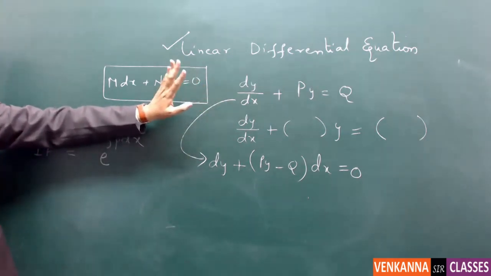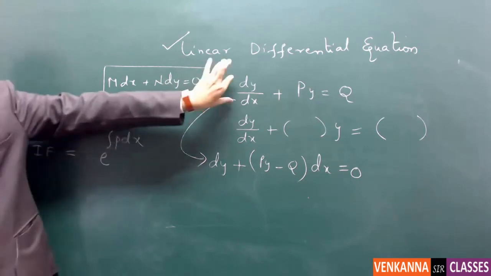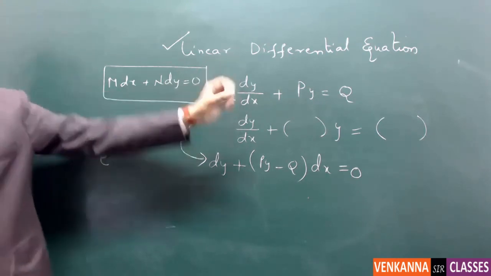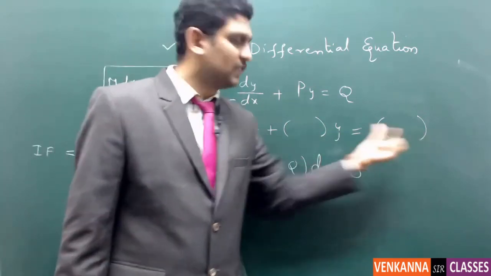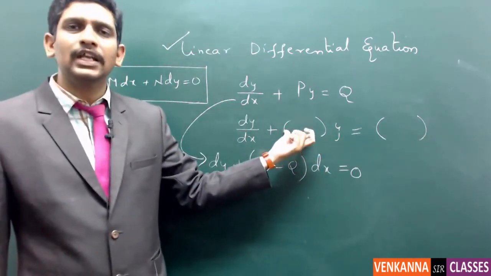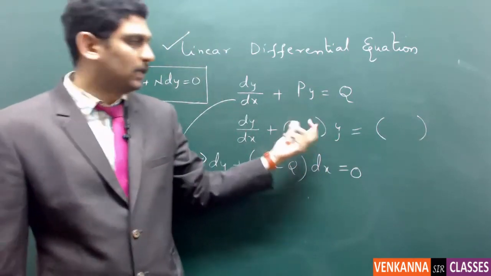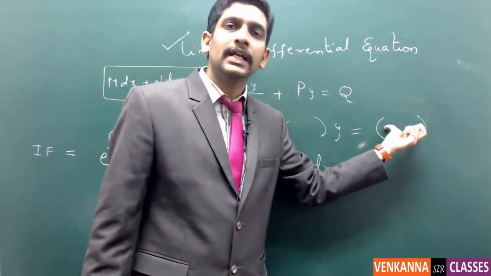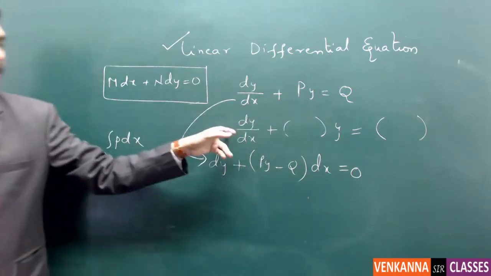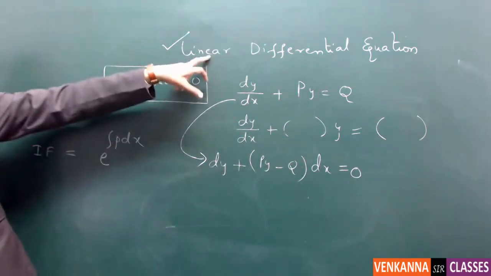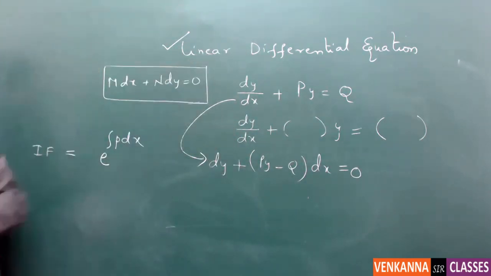Whenever an equation is given in this form, dy by dx plus some value into y equal to some value, where each contains only x terms or a number, such type of equation form we call a linear differential equation. Since it is a non-exact equation, the integrating factor should be found.